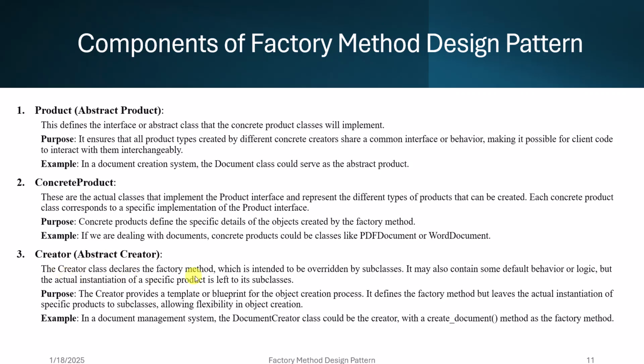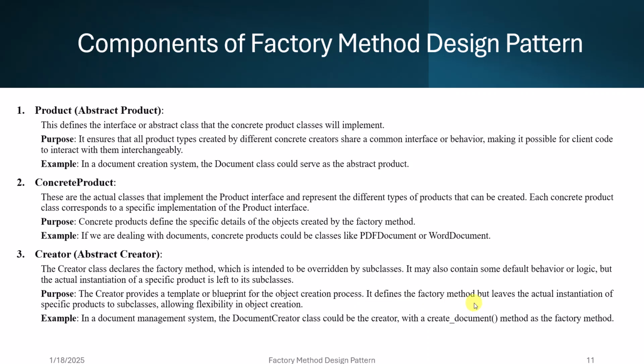Now the third component is creator, which is also the abstract creator. Here the creator class declares the factory method, which is intended to be overridden by subclasses, and it may also contain some default behavior or logic, but the actual instantiation of a specific product is left to its subclasses. The purpose of this creator class is that it provides a template or blueprint for the object creation process.